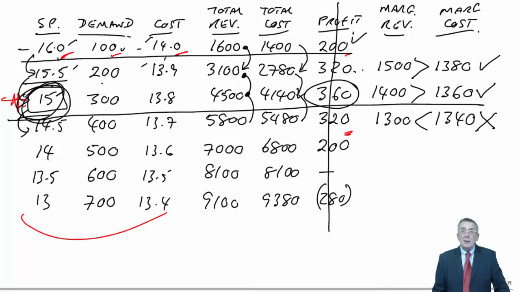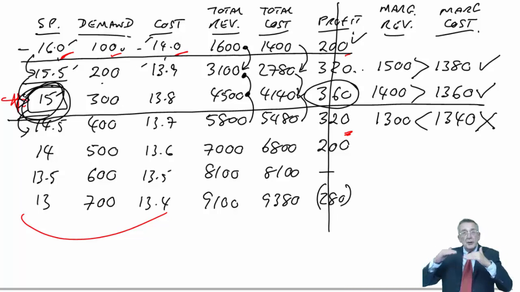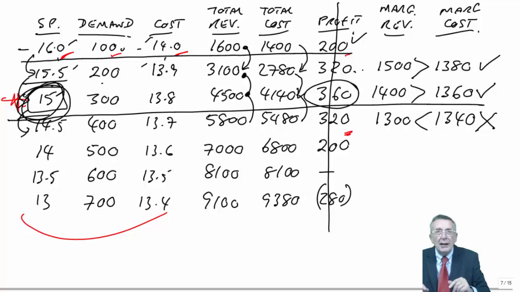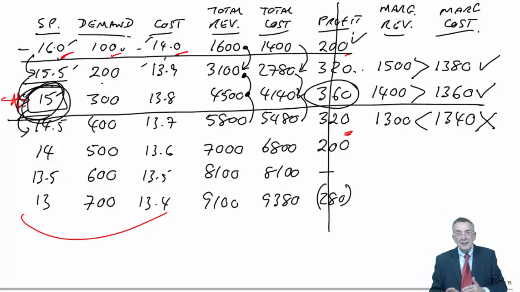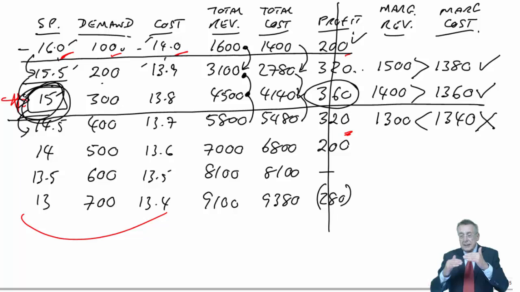Now, we don't even consider them here because whatever prices you're given in the question, you assume they're the only ones available. But do see what I was doing in those last two columns, that always, even if you could keep dropping the price by a cent, if extra revenue is more than extra cost, it is worth dropping the price. Even if the difference is only $1, it'd be $1 more profit. But the minute extra revenue is less than extra cost, it's not worth doing. It then starts to lose money, even if it's only $1.